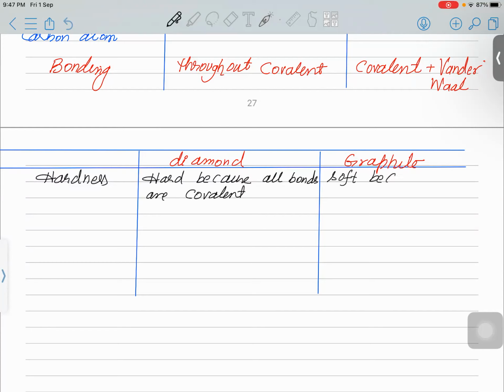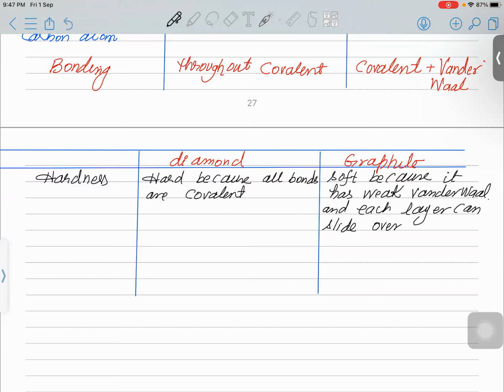Why soft? Because the forces between each layer are weak, because it has weak van der Waals. And each layer can slide over each other.